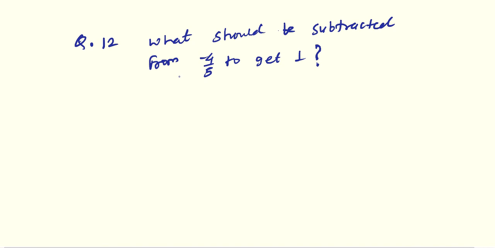Question number 12 is, what should be subtracted from minus 4 by 5 to get 1? From minus 4 by 5, that means minus 4 by 5, from it what should we subtract so that we get 1? So let x be what we are subtracting.